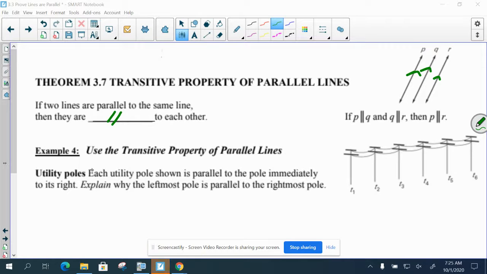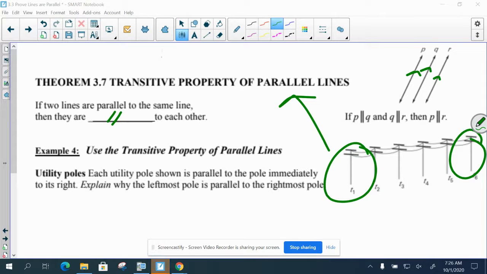Here's a classic example. We're not going to go through it, but basically, each utility pole shown is parallel to the pole immediately to the right. Explain why the left pole, this one, is parallel to this one, and that's just by the transitive property of parallel lines. If this is parallel to that, that's parallel to that, and so on, then T1 is parallel to T6.